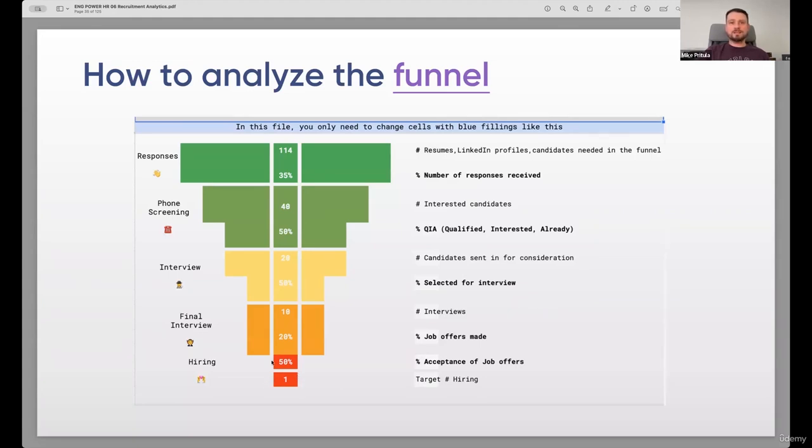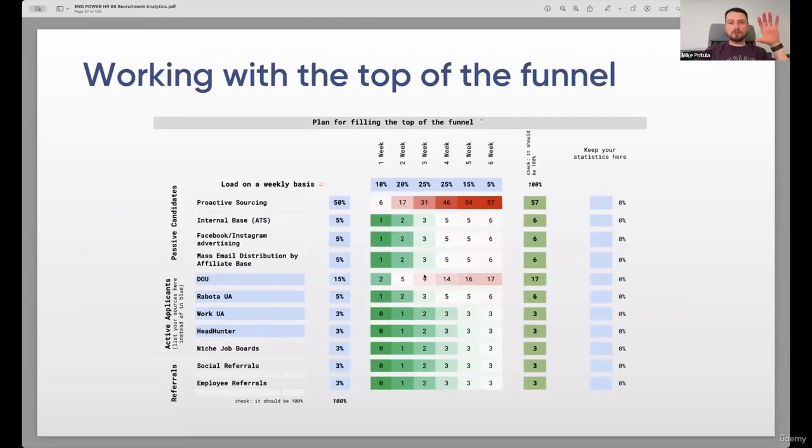And this funnel calculates how many responses we need at the top of the funnel, or candidates added, phone screen, interview, final interview, and everything. And also, it has another part of this document that helps us to plan how we are going to fill the top of the funnel.